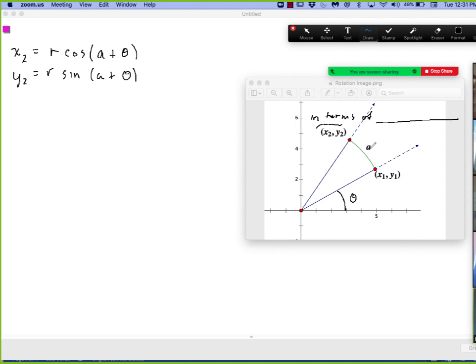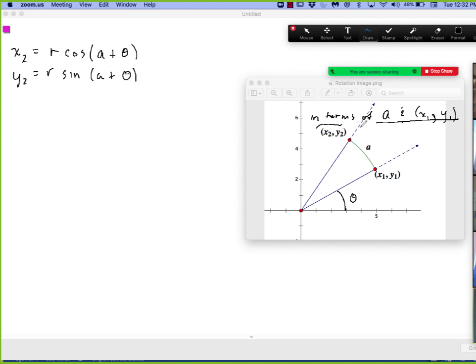Alpha, or the angle between the 2 points A and the initial point. Good. So how are we doing so far? We have x2 and y2 in terms of r and A and theta. What we need is x2 in terms of A and the initial point.